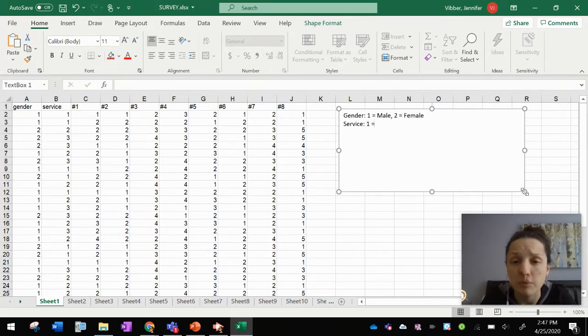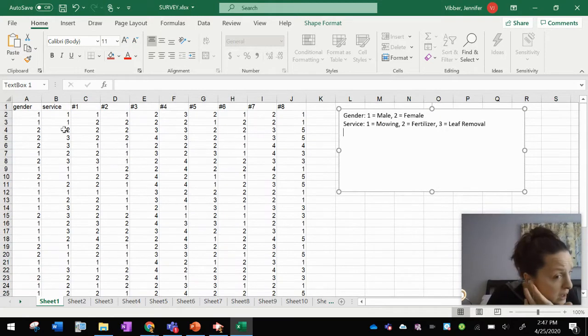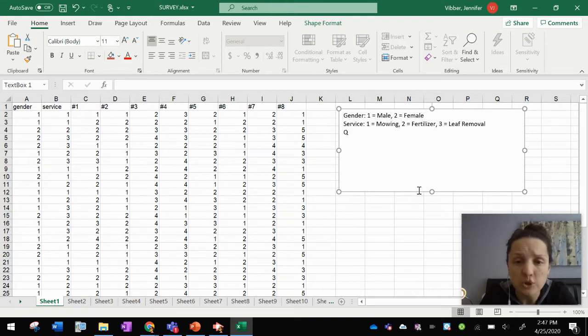So let's say service number 1 equals people who have had lawn mowing. Number 2 is fertilizer. And 3 is leaf removal. Okay. So if I look, I have people answering gender in 1s and 2s, and I have people service 1, 2s, and 3s. And then let's say for questions 1 through 8, they are using a Likert survey where 1 equals strongly disagree and 5 equals strongly agree.